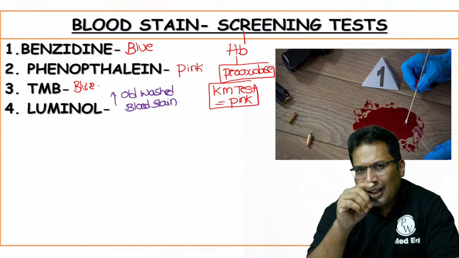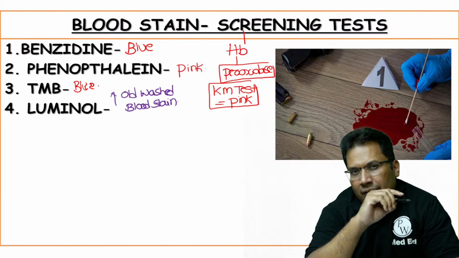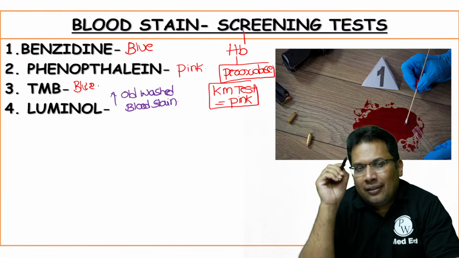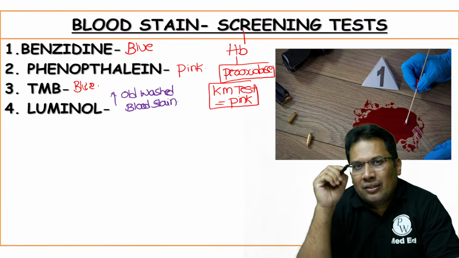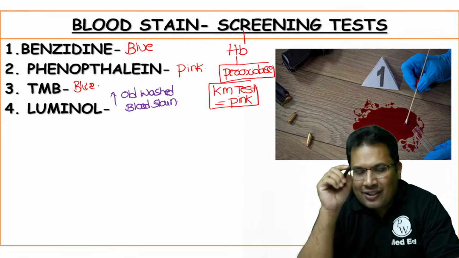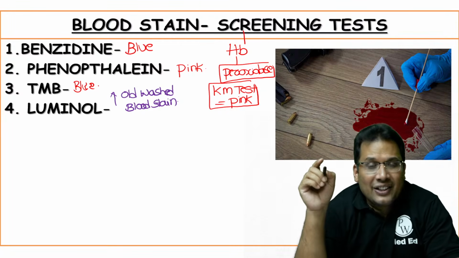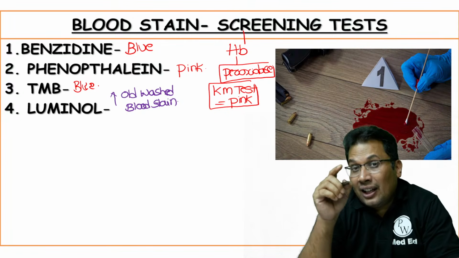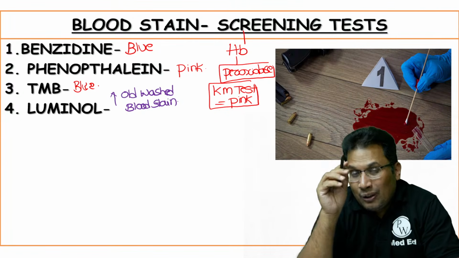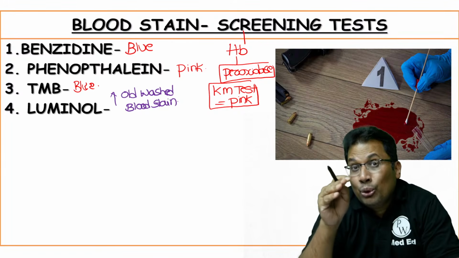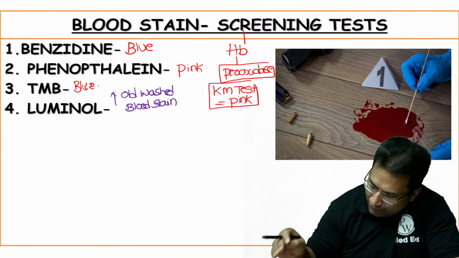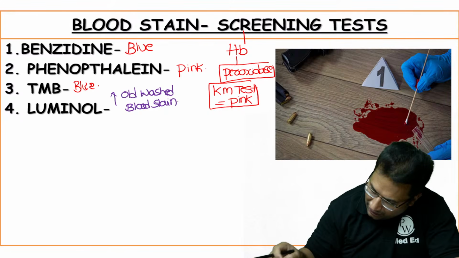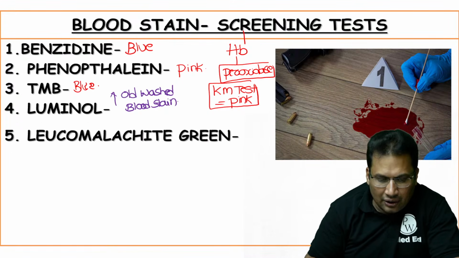So the question can be asked: old stain, washed blood stain, what is the test that is used? Your answer must be luminol test. We use luminol reagent, and this is done in a dark room. If blood stain is there, it gives a bluish glow.